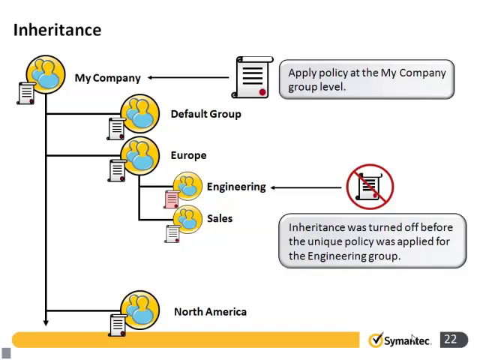Notice the inheritance for engineering has been turned off before the unique policy was applied to the engineering group. So what effectively will happen is if a policy is applied to my company at the top level, it will filter down and apply to default group, Europe, North America and sales, but not the engineering group. It will not change any of the current policies that are applied to engineering.